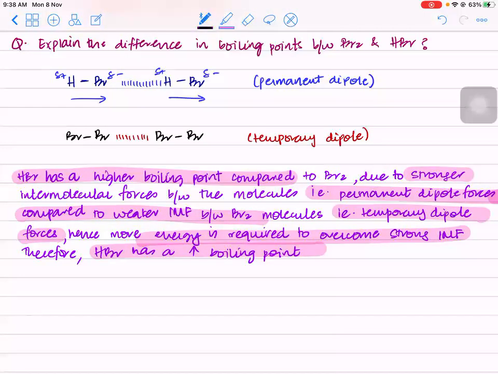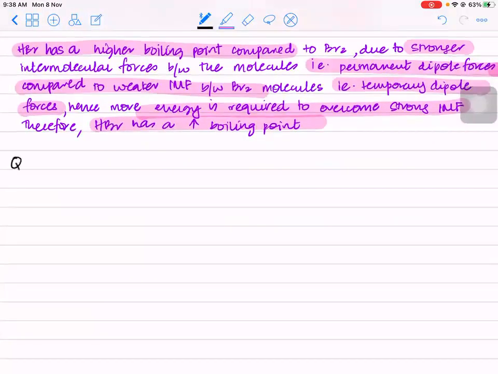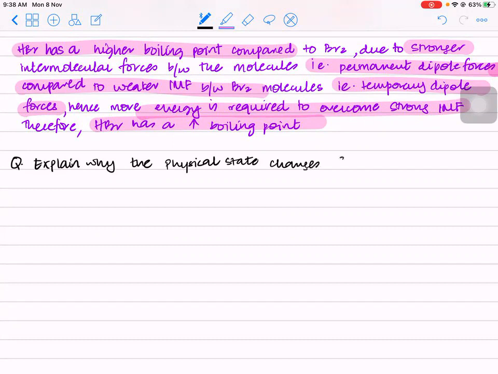Now, if they ask you another question, explain why the physical state changes from chlorine gas to bromine liquid to iodine solid down group 17.